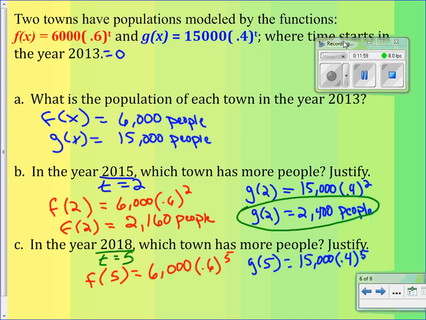Plug both of these into my calculator. So f of 5, I get the population is 466.56. So I'm going to round that up to 467 people.